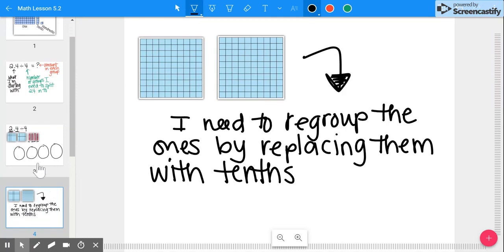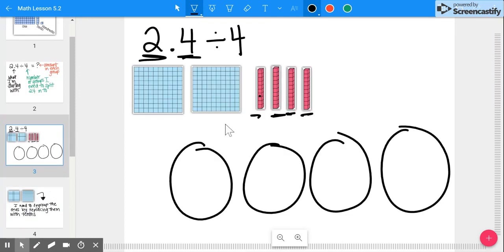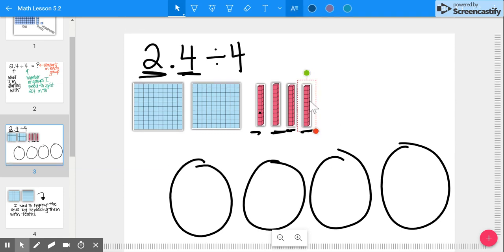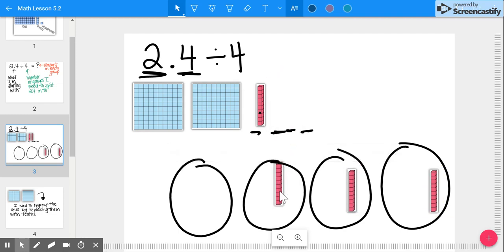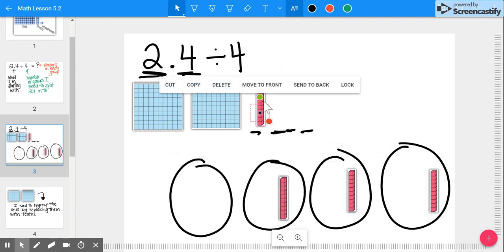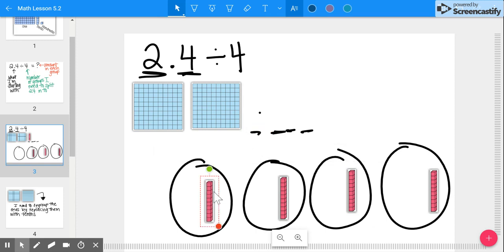So I'm looking at this 2 4/10, and I can split these longs up. I can go 1 long, 2 long, another long, and another long.